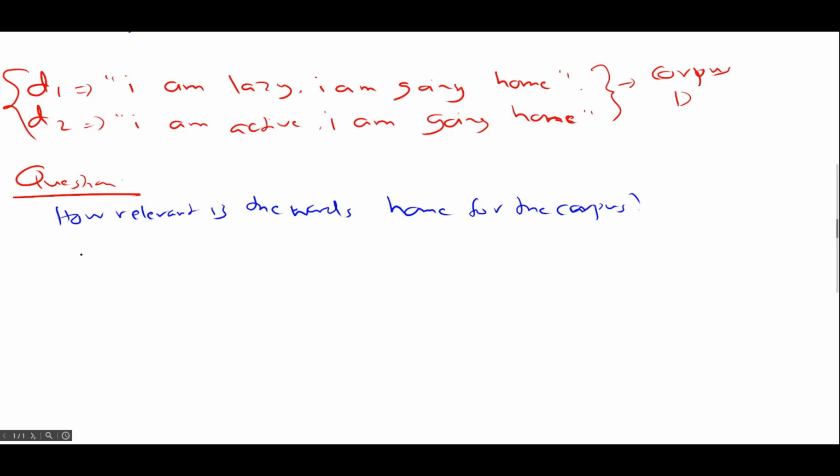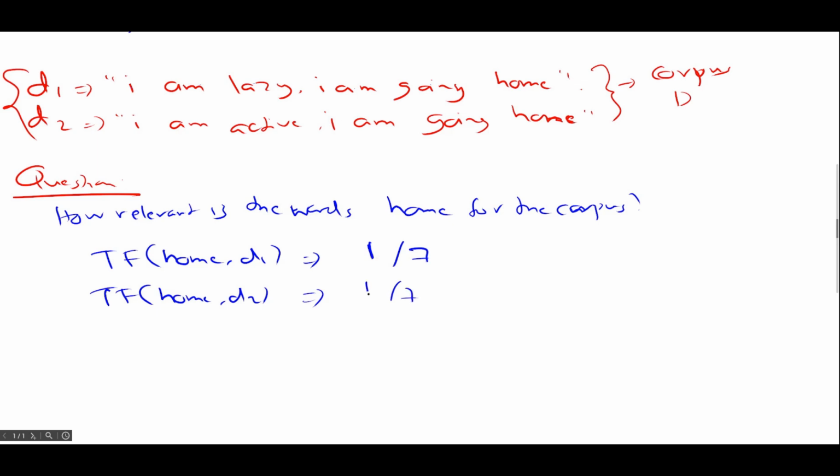To answer this question, we first find the term frequency of the word home in document 1, meaning there are a total of 1, 2, 3, 4, 5, 6, 7 words in our document, and the word home appears only one time. Similarly, we compute the term frequency of home in D2, and again this is a combination of 7 words, and the word home comes only one time.